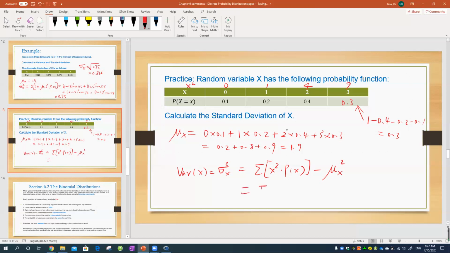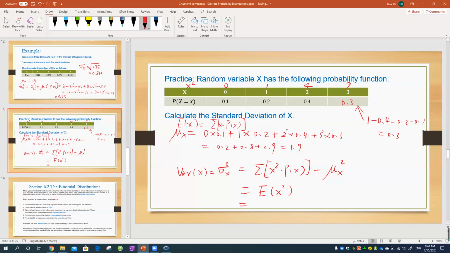Since we know the expectation already, this is the expectation of x squared. The expectation of x equals the sum of x times the corresponding probability, and the expectation of x squared equals the sum of x squared times the corresponding probability. So we can just use that.